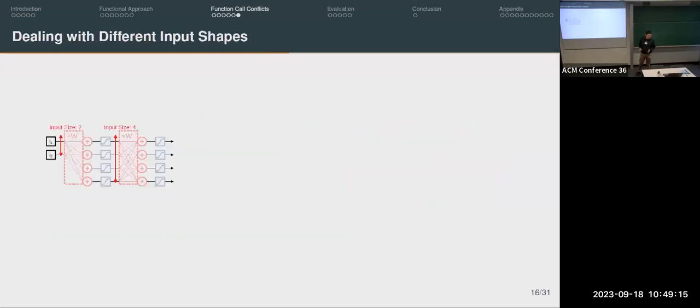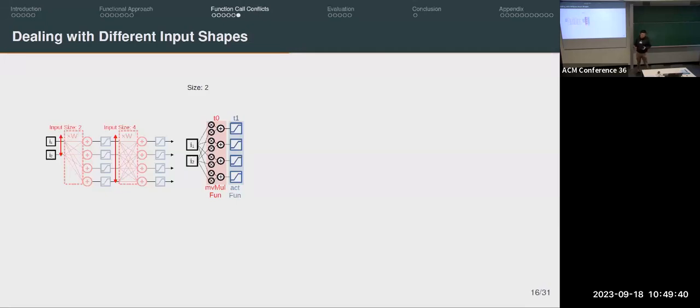But what about if we have a neural network and there are 2 layers? So here we have 2 fully connected layers. They are in different sizes. The first one is size 2, the second one is size 4. So here, suppose we pick one of the layers as the function. So we use size 2. For the first layer, we don't need to do anything because the size is matched, so we just need to call the function.